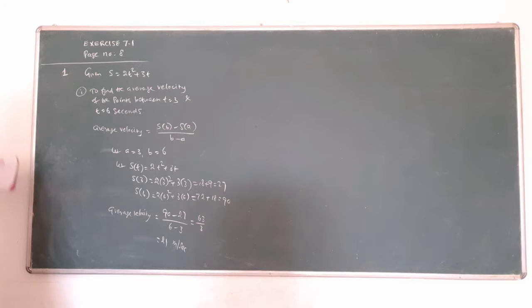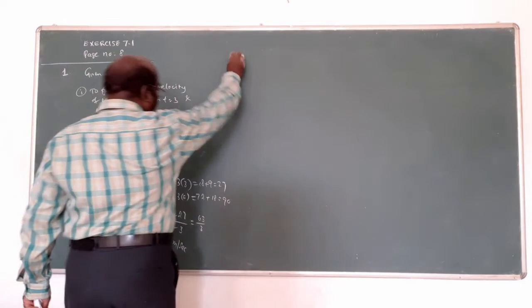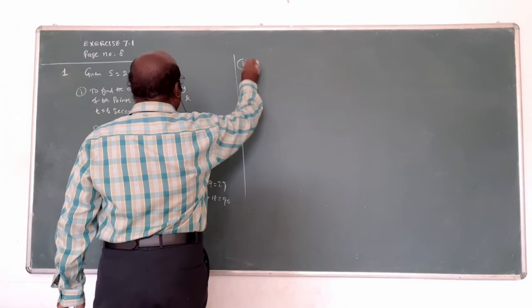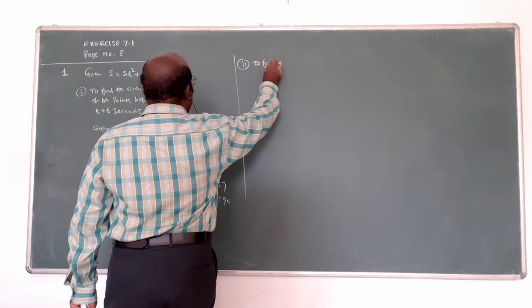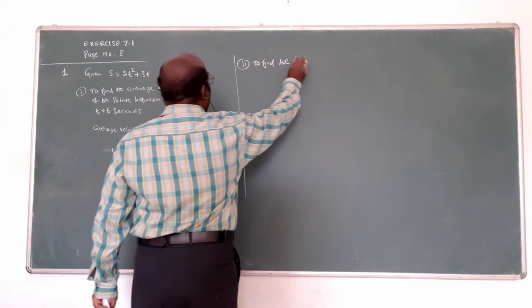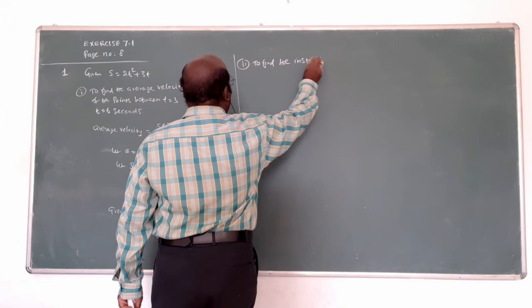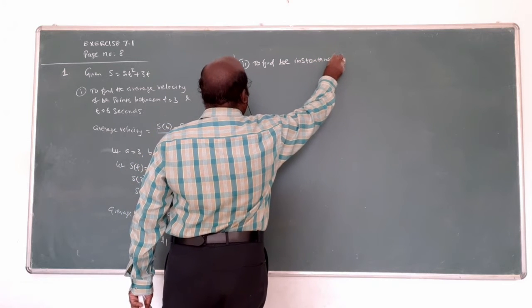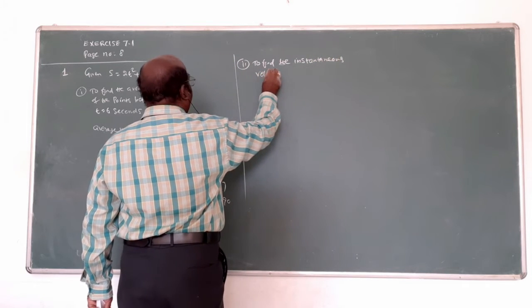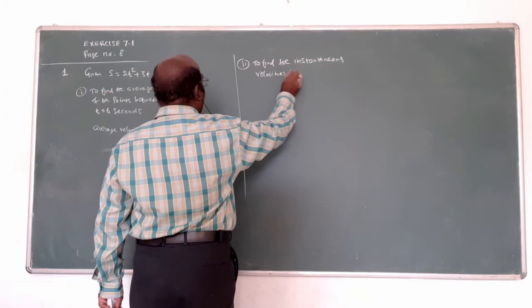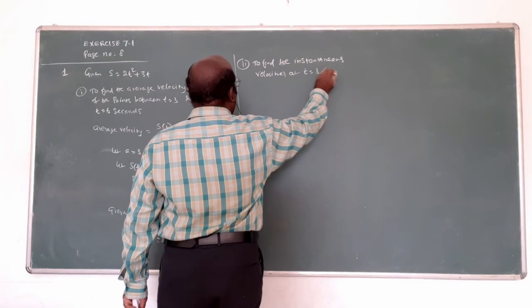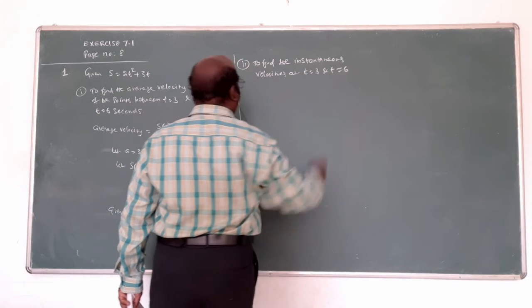Second subdivision: find the instantaneous velocities at the same points. To find the instantaneous velocities at t equal to 3 and t equal to 6 is asking.